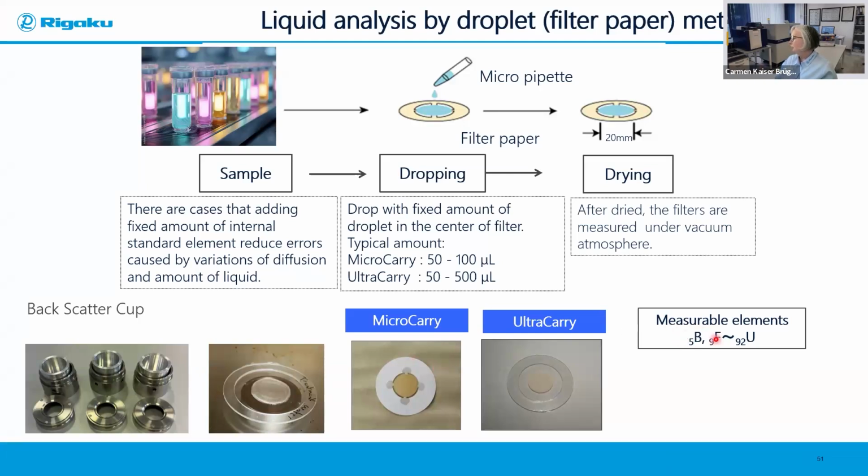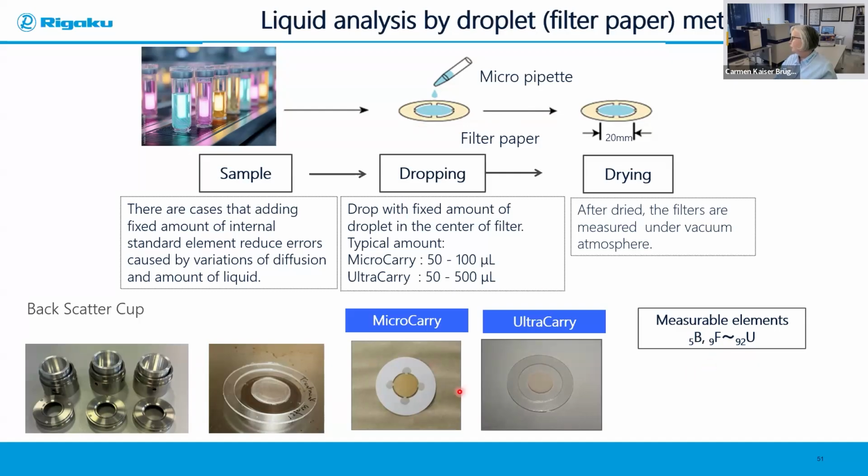Because if you use the traditional liquid cup method in XRF, the film that we use can absorb these two elements. So boron and fluorine will be absorbed by the film. So if we use this kind of filter method, then of course we can very easily measure boron and fluorine.